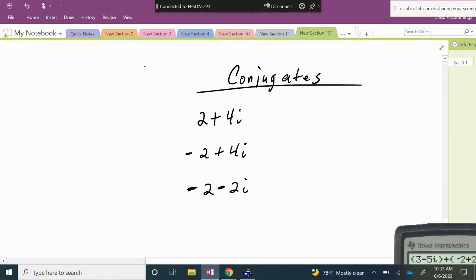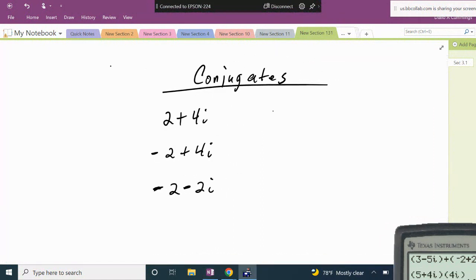All right, so we'll just take these numbers. So the first number is 2 plus 4i, and we simply want to find its conjugate. The conjugate only changes the sign of your imaginary number. So the conjugate for 2 plus 4i would be 2 minus 4i.